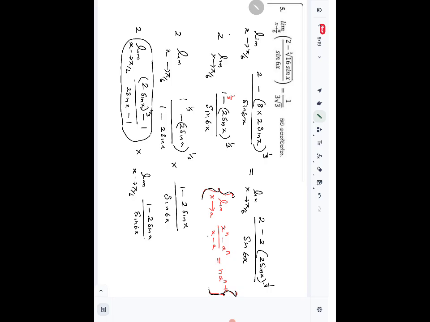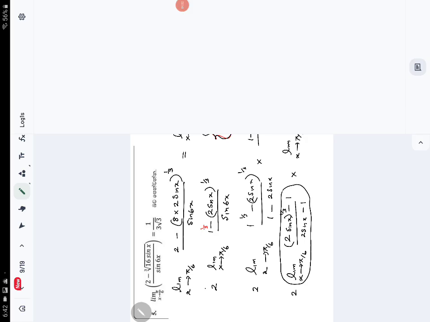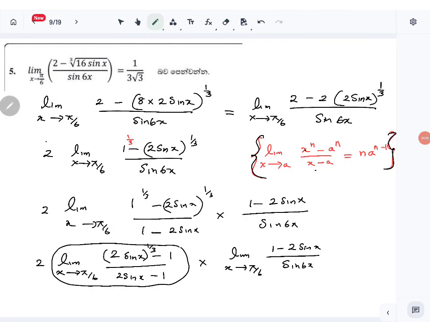So I have to convert it into this form. So I have to use a substitution for that. What's the substitution? If I take 2 sine x as u, I can do that. Then when x goes to pi over 6, what happens to u? u equals 2 sine pi over 6. Sine pi over 6 is half.